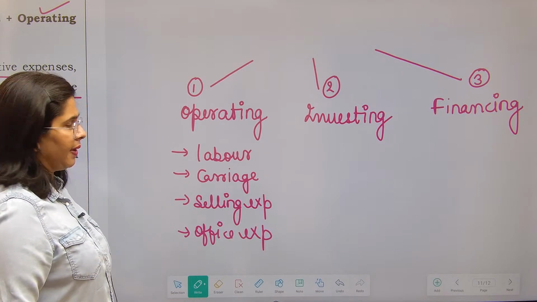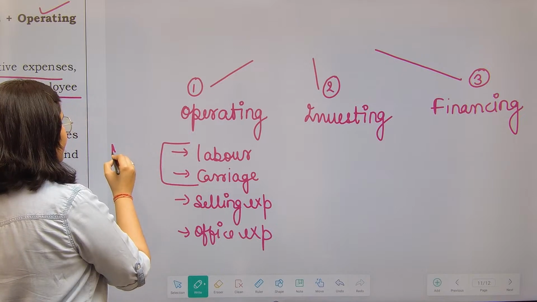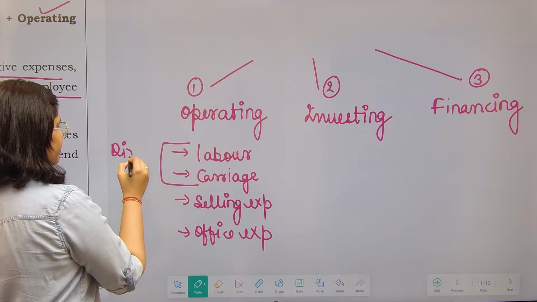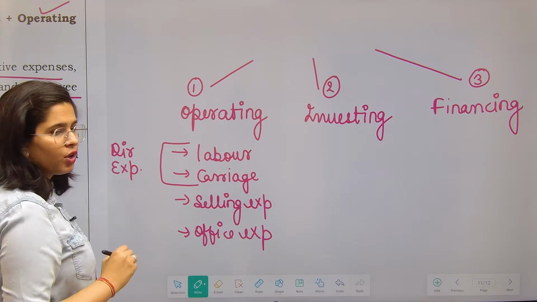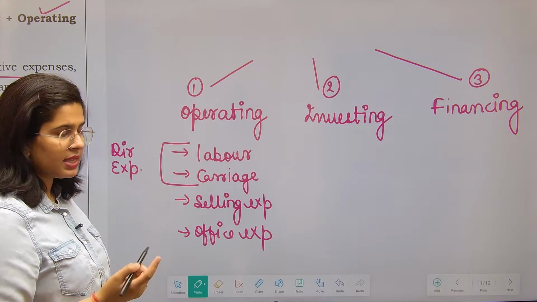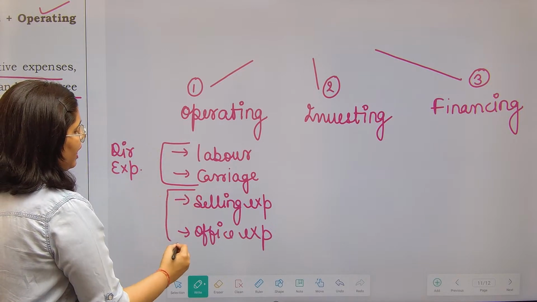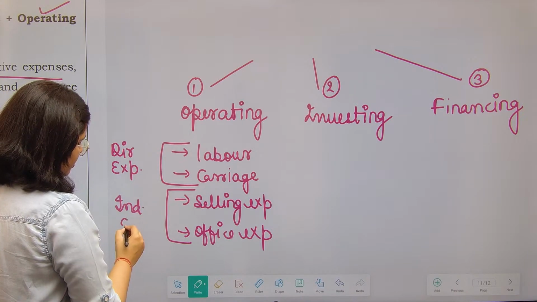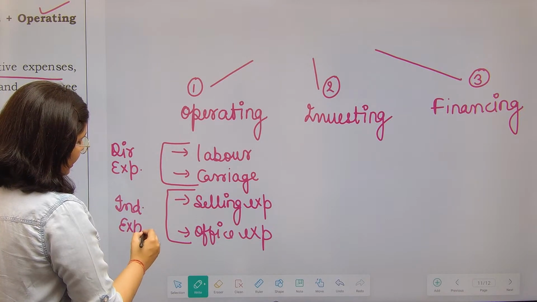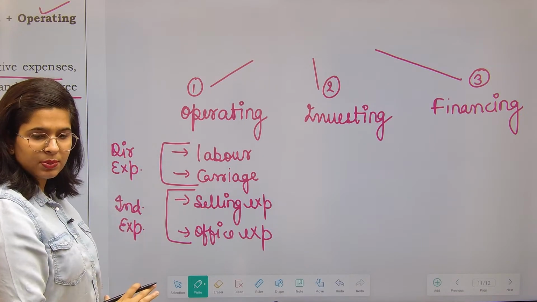But here is the thing, the above two, they are categorized as direct expenses. So they will be called direct operating expenses. They are shown in the trading account. The below two, they are indirect expenses, so called operating indirect expenses.